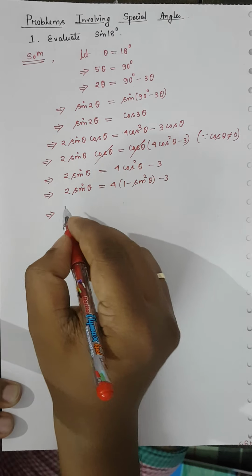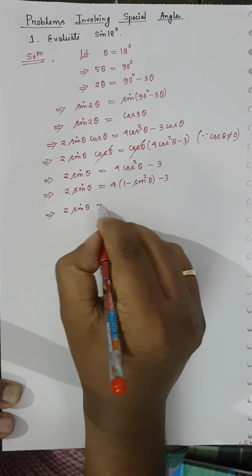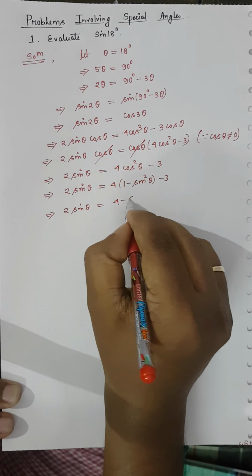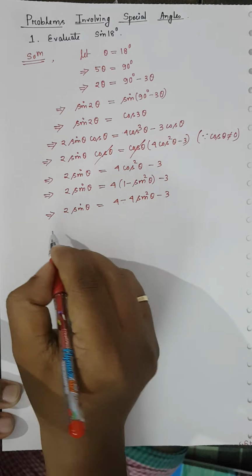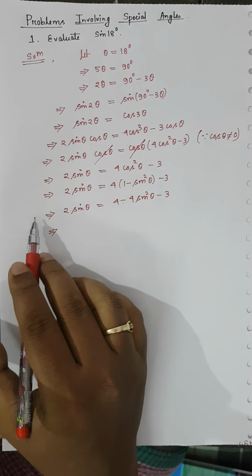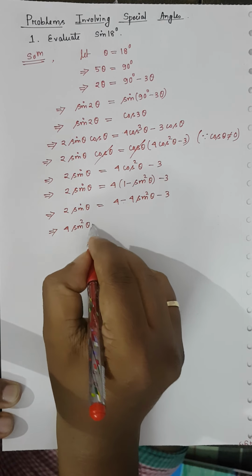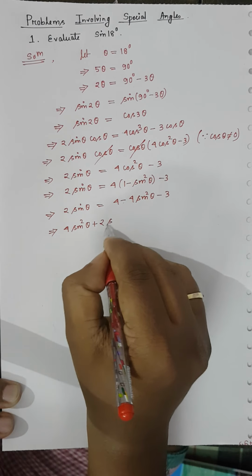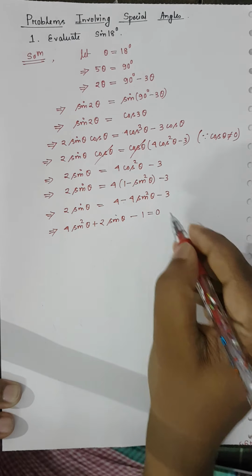After this I will get 2 sine theta is equal to 4 minus 4 sine square theta minus 3. If I take all these quantities to the left side, I will have 4 sine square theta plus 2 sine theta minus 1 is equal to 0.